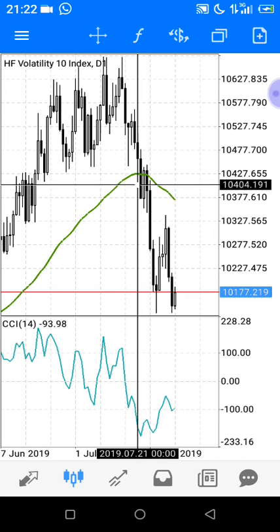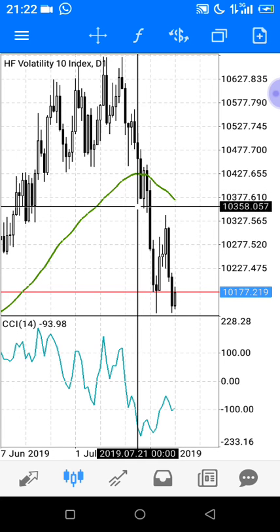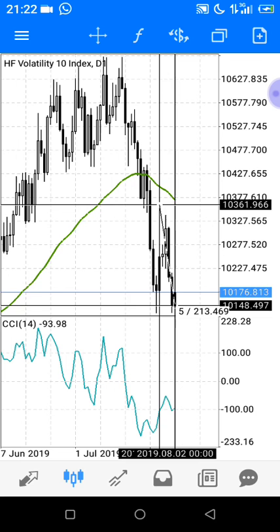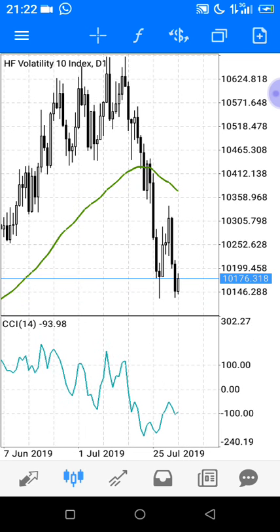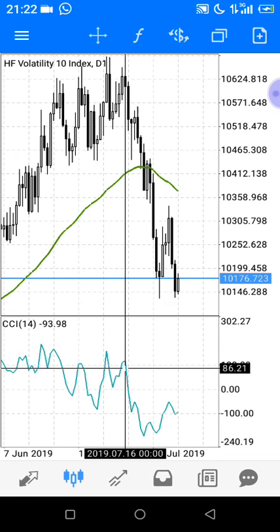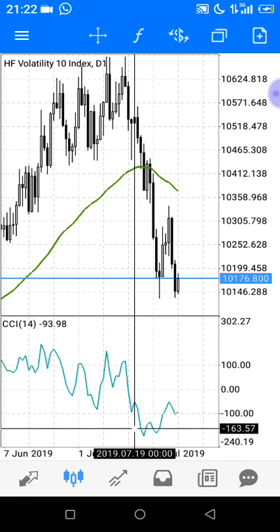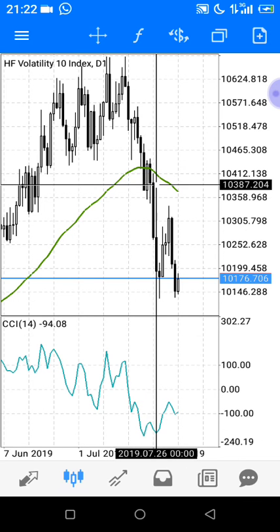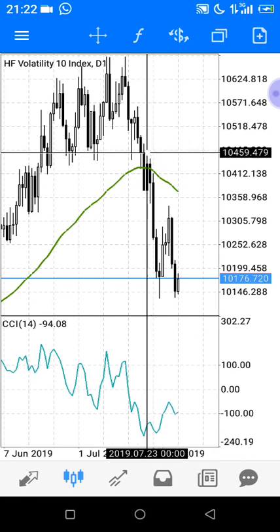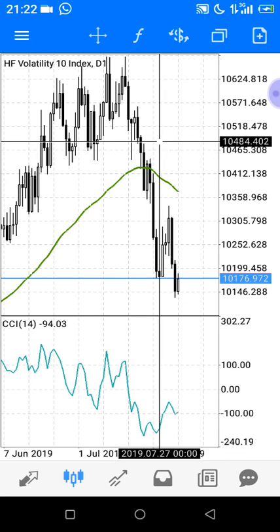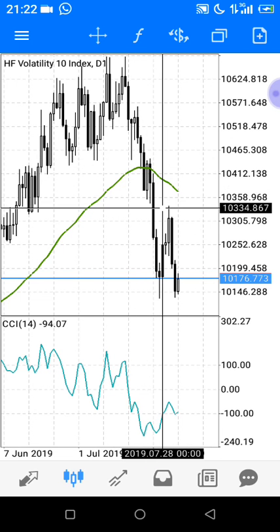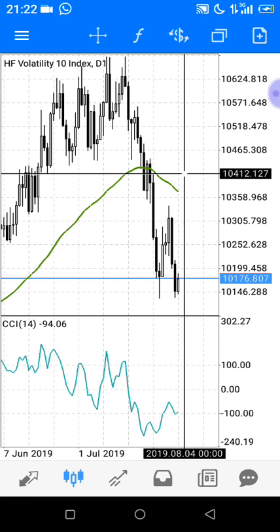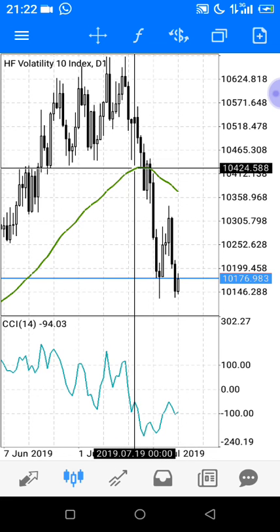And here we can see that it closed below EMA 60, and the value of the CCI was also below minus 100. And you can see, okay, here this was a stop hunt. So if you had a tight stop loss on your swing trade, which you shouldn't have, you were going to be stopped.